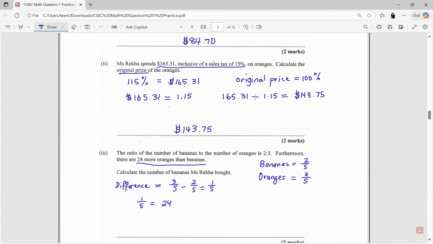So, if 1/5 is equal to 24, do you all know how much the whole would be? If 1/5 is equal to 24, anybody knows? 24 times 5. That's right. Which is what, Jenny?